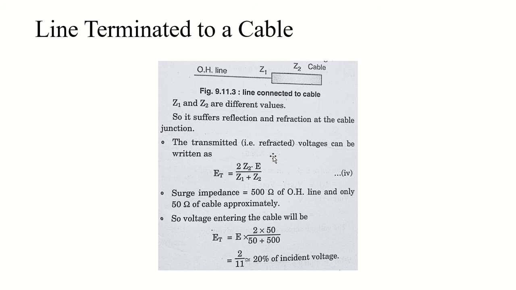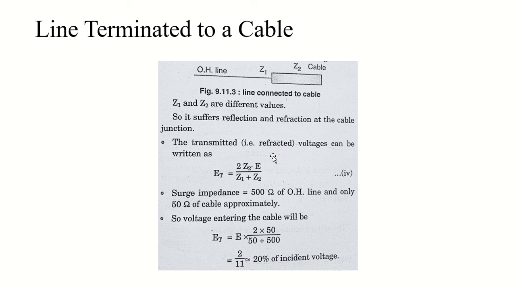Now the fourth case, when line is terminated to a cable. We all know that it is advantageous to connect a cable to the terminating overhead line near my station. Why?